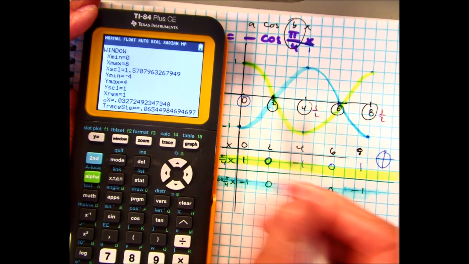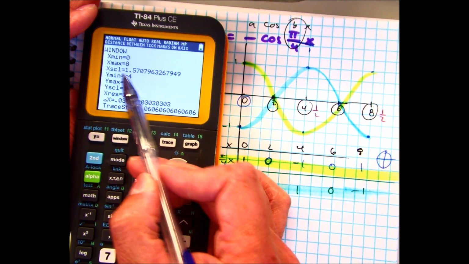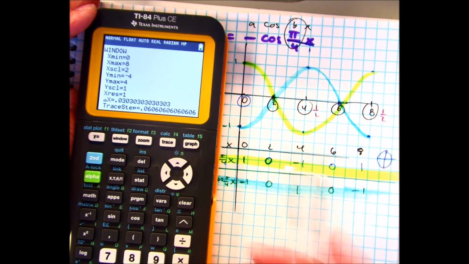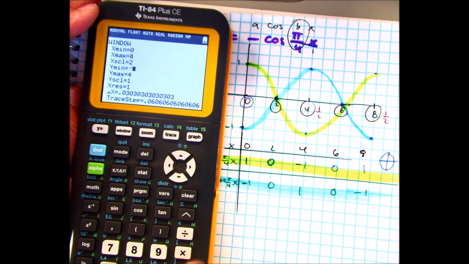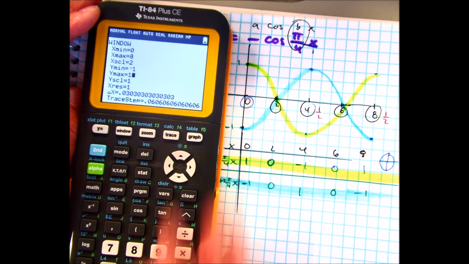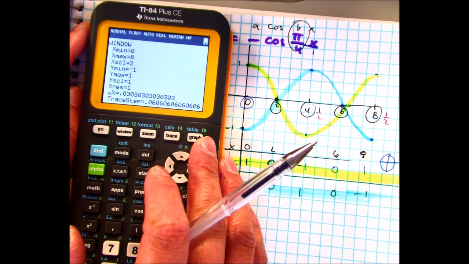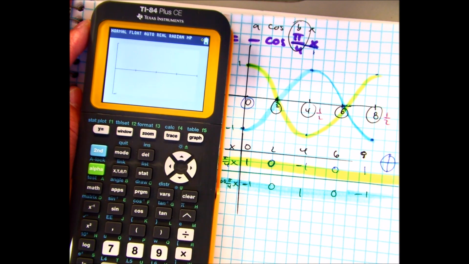And then we're counting by what? 2. You can see here they were counting by pi over 2. My y minimum is negative 1. My max is 1. Graph. Now it has the same exact graph as what we got here.